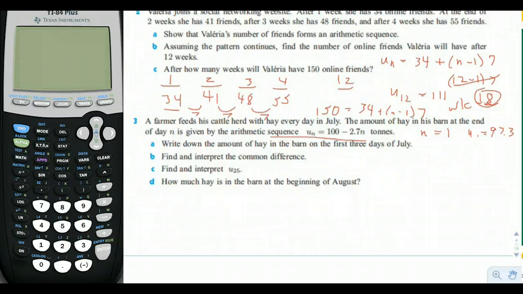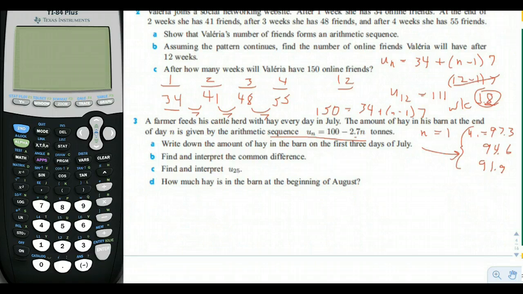Subtract that from 100, you get 94.6. And then basically every day you subtract 2.7. So the next one would be 91.9. Okay, so every day it goes down by 2.7. So the amount of hay for the first 3 days would be that.